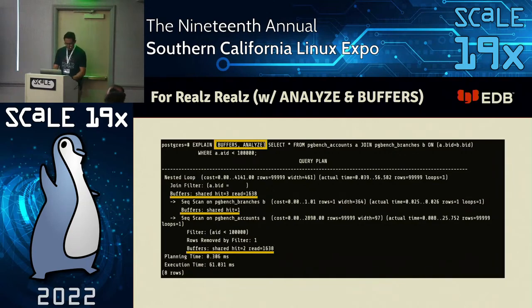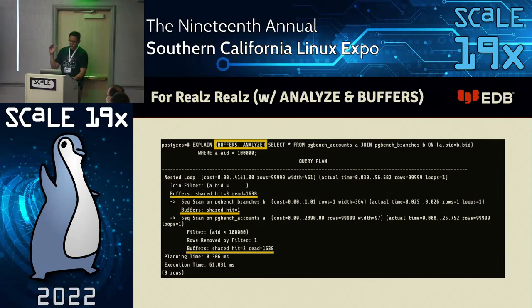Okay, if you did an update or an insert, you might see things like buffers that were dirty or buffers that were written, and that might be useful for you if you need to know those things.